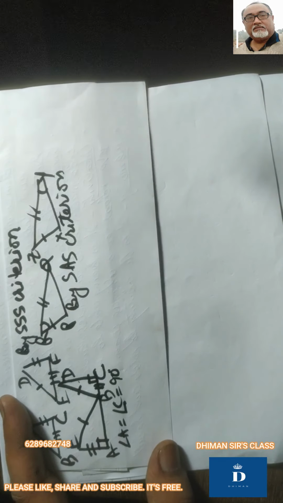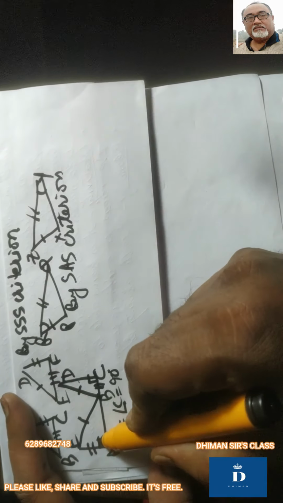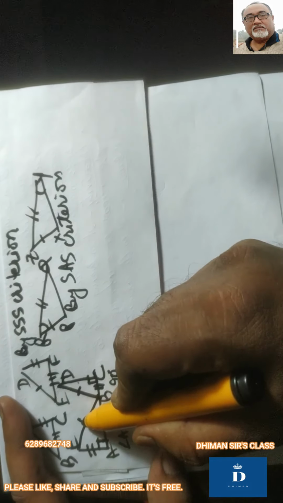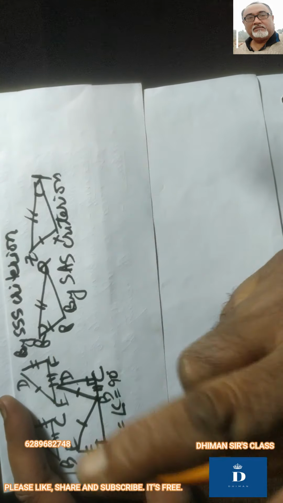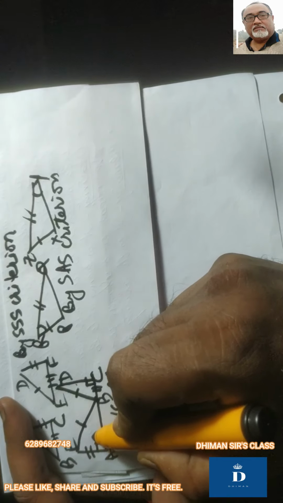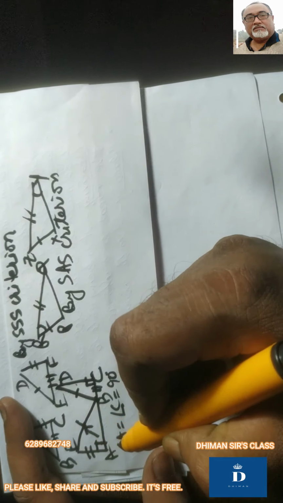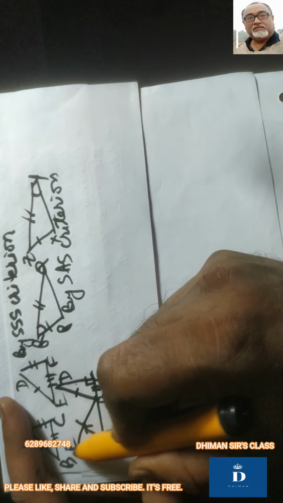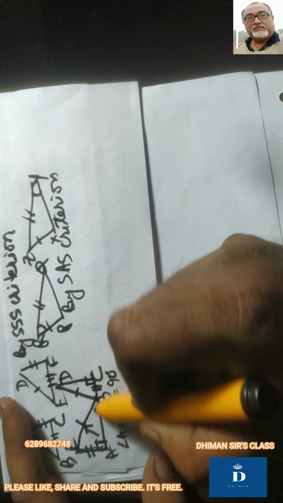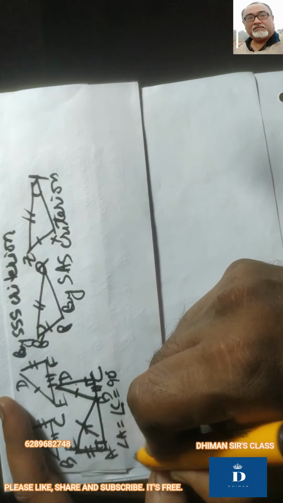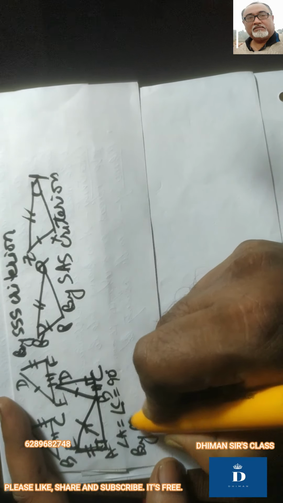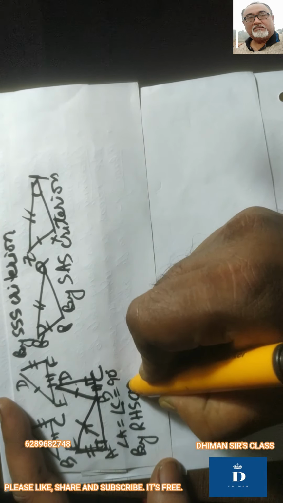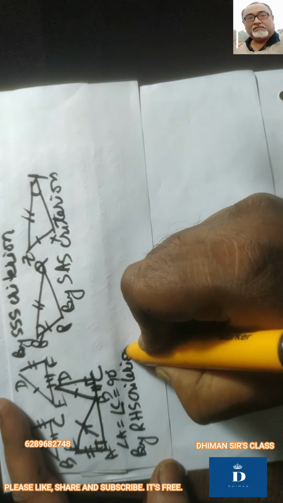So now by what rule? RHS. Hide this triangle. You can see one right angle is there, and the side opposite to the right angle is called the hypotenuse. And one of the sides is either the perpendicular or the base. So this is by the RHS criterion.